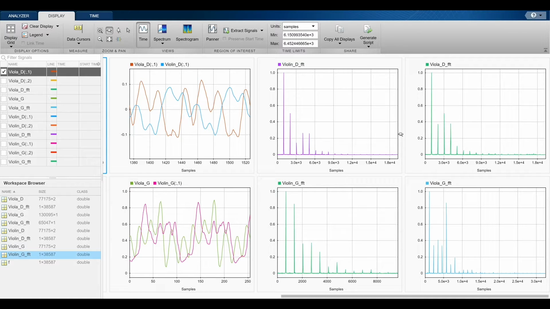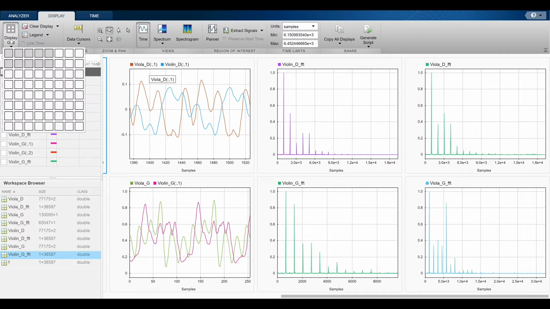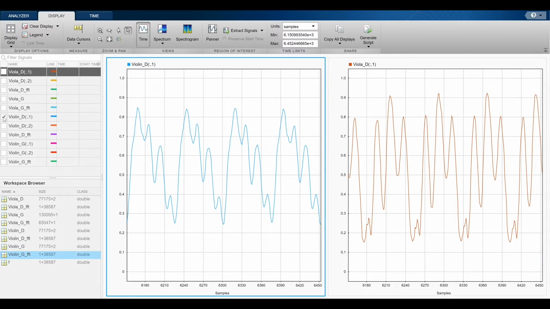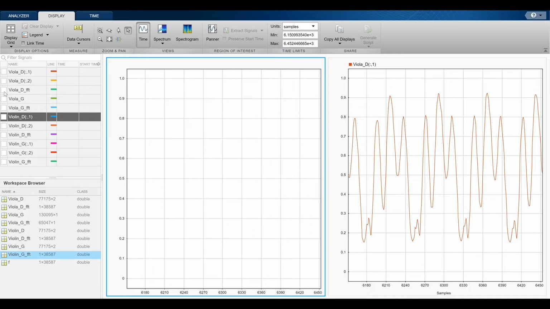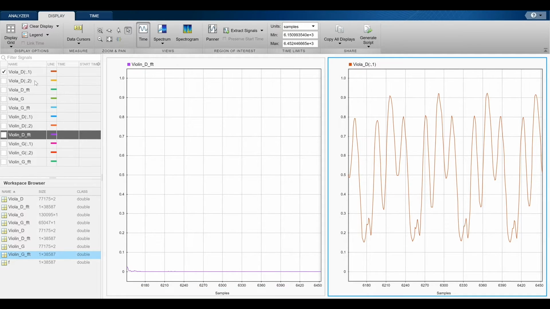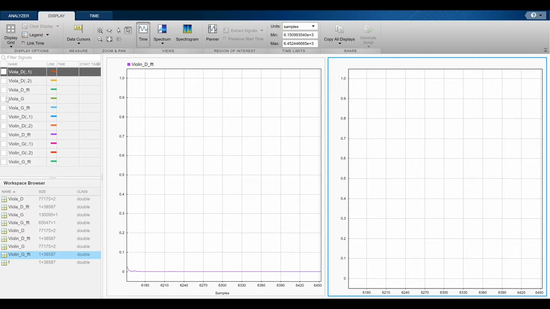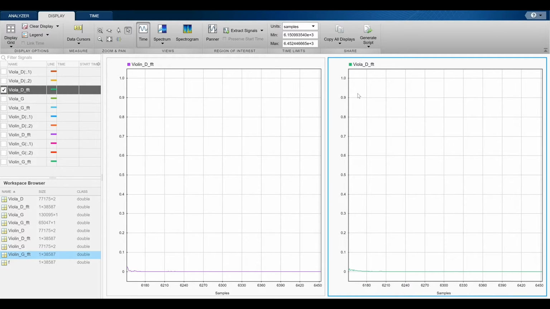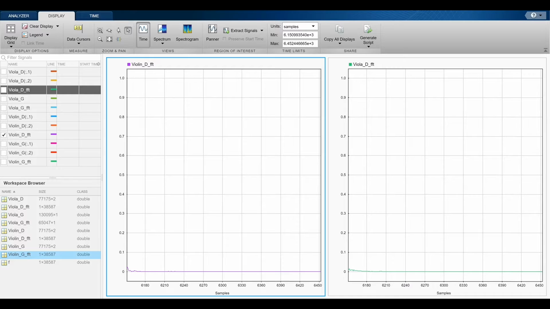So let's take a closer look at the D string on the violin versus the D string on the viola. So I'm just going to display two right here. So first the D string on the violin and the D string on the viola, the transformed versions.